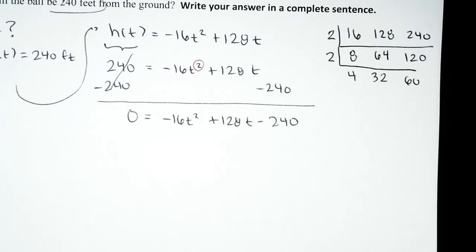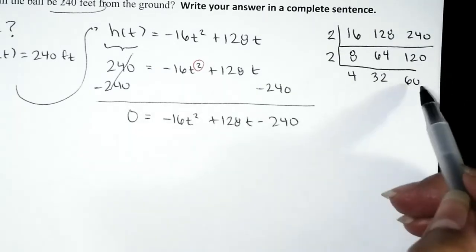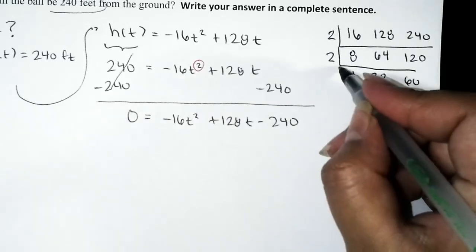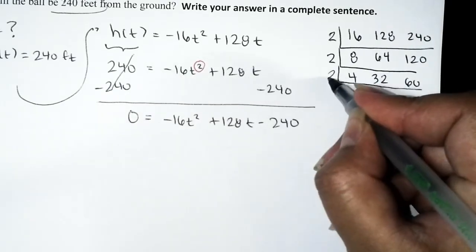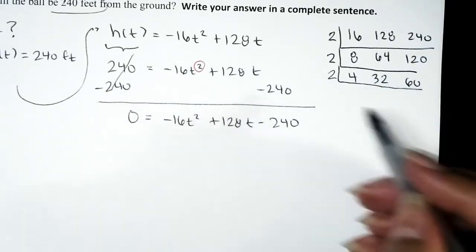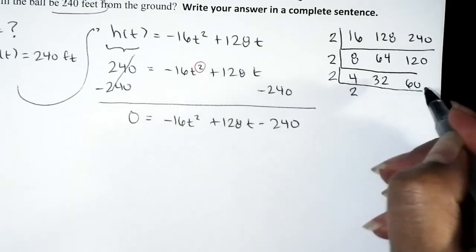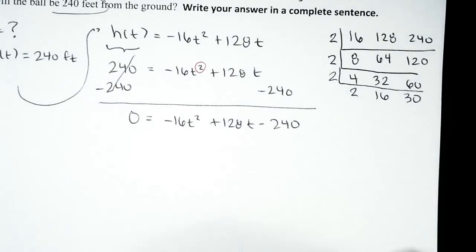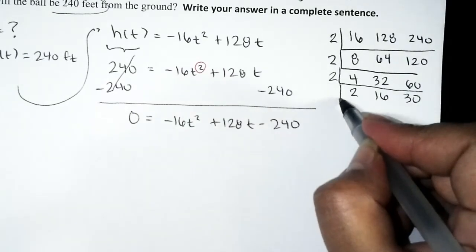I was going to divide by 2 again, because I'm not even sure if 4 goes into 60. It's going to take me a lot longer to figure it out versus dividing by 2. I love dividing by 2. I feel like such a genius. 2 goes into 4 2 times, into 32 16 times, and into 60 30 times. And look, we can continue to divide by 2 once again.